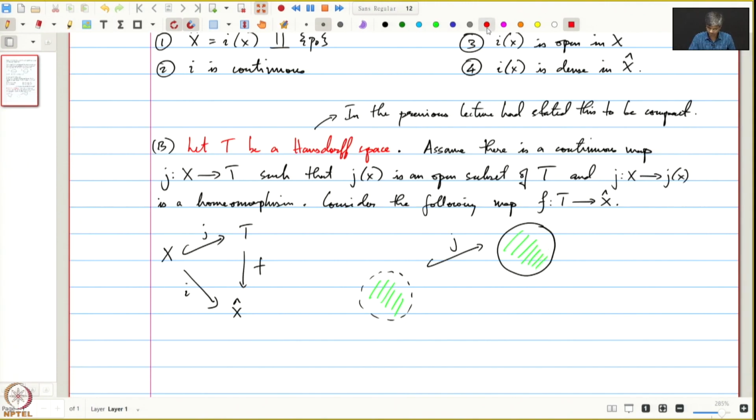And let's say I take an equator over here. So this is the one-point compactification, this is our additional point P naught, this is I. So this equator is going to look like something like this.